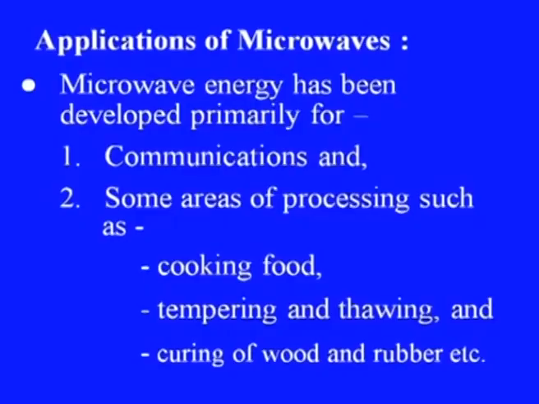Another reason for which microwaves were developed in the early years was food processing or cooking food, then tempering and thawing, then curing of wood and rubber, etc. These were some of the earlier applications of microwaves.